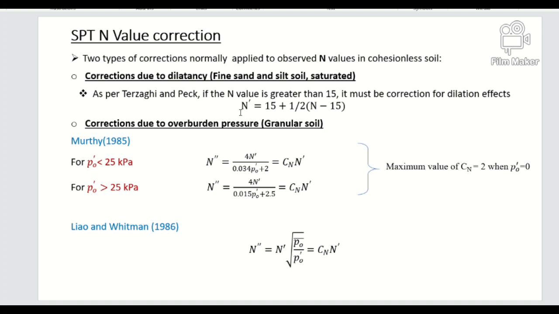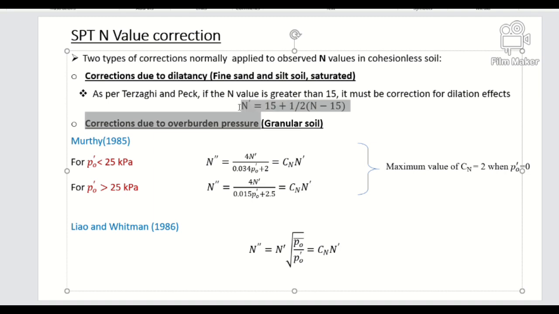So the N value will reduce after this calculation. Here for the dilatancy correction, this formula will be used.